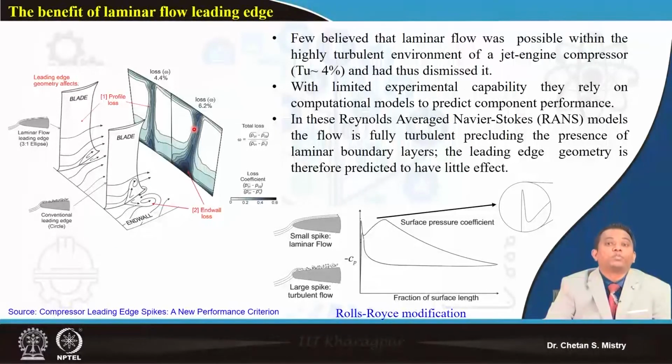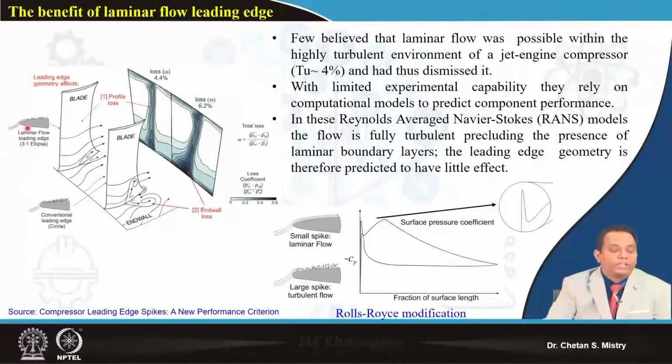Now in order to minimize these losses, what they have done, if you look carefully, this is the original blade, which has a conventional leading edge, with a circular shape. Then, in order to minimize these losses, they did a computational study, so these results are computational results. They modified the leading edge to an elliptical leading edge.